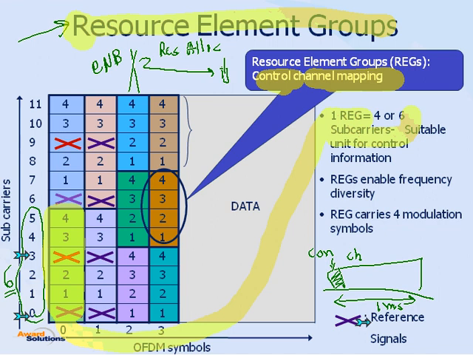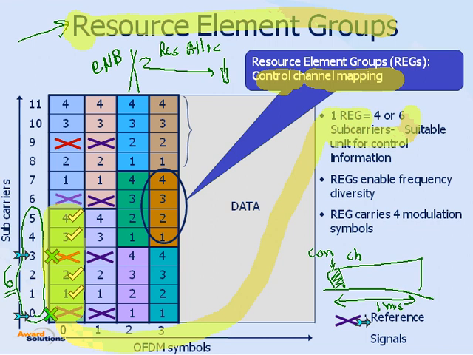It's like pilot. Pilot is your reference signal. So it means that we have to exclude those from our list of subcarriers that can carry our control channel. So we are left with then 1, 2, 4, and 5. So even though my resource element group contains 6 subcarriers, 2 are actually reserved for our reference signal. So we cannot use those.